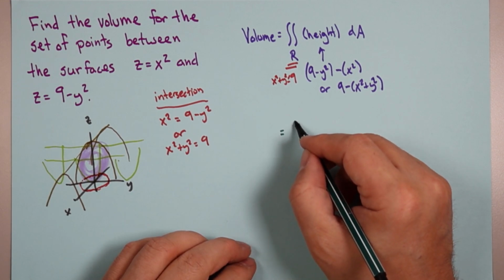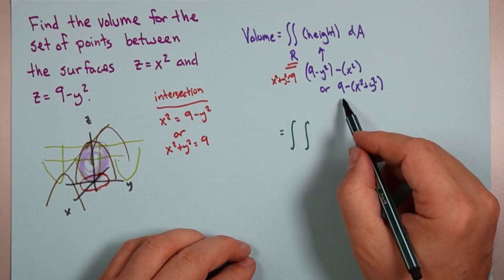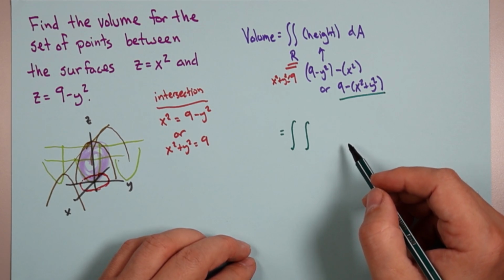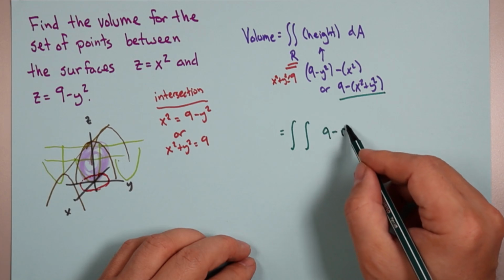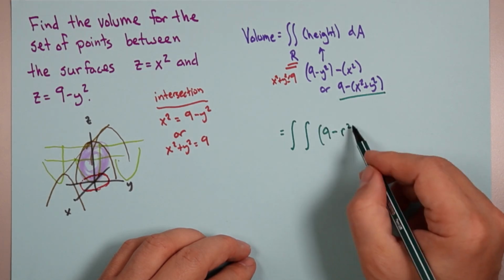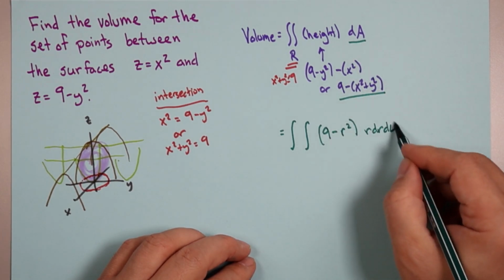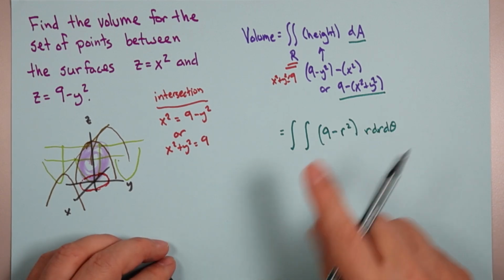Okay, so we're going to integrate. Let's do our function: 9 minus the quantity x squared plus y squared becomes 9 minus r squared. And dA becomes r dr d theta.